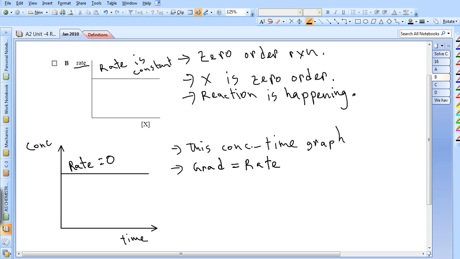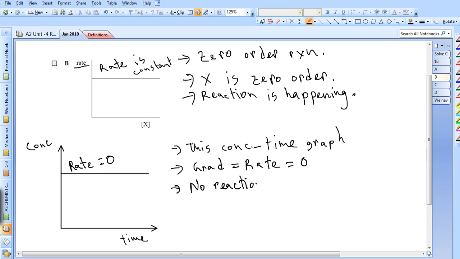And in the other graph the gradient is not representing rate. So the gradient is 0 over here, but rate is not 0, since gradient is not rate. Here the rate is constant, and over here the rate is 0 since the gradient is equal to rate.